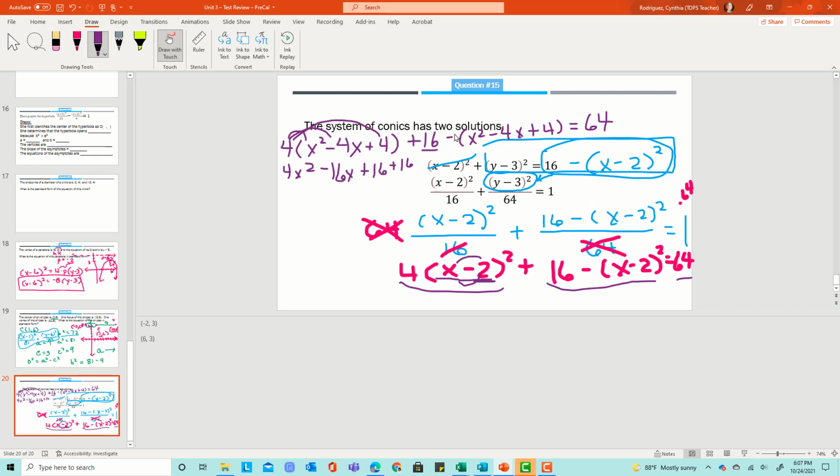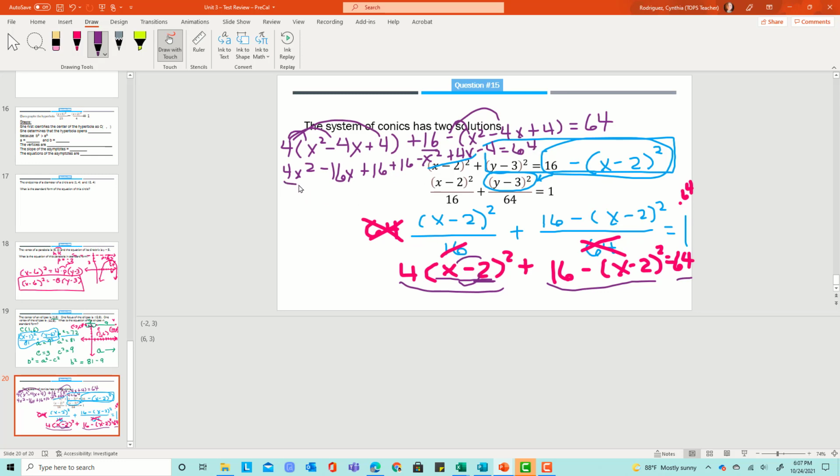Keep going. And then distribute that negative 1 inside the parentheses. So that makes that minus x squared plus 4x minus 4 equals 64.